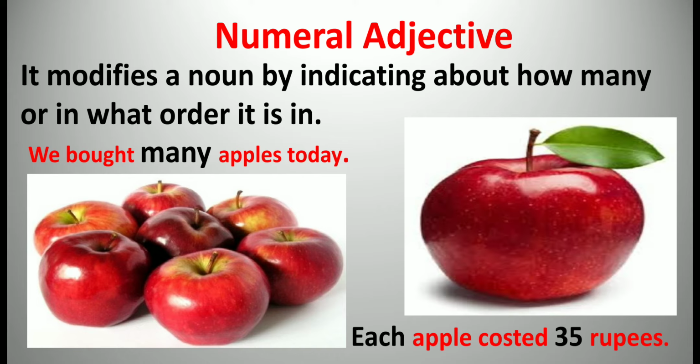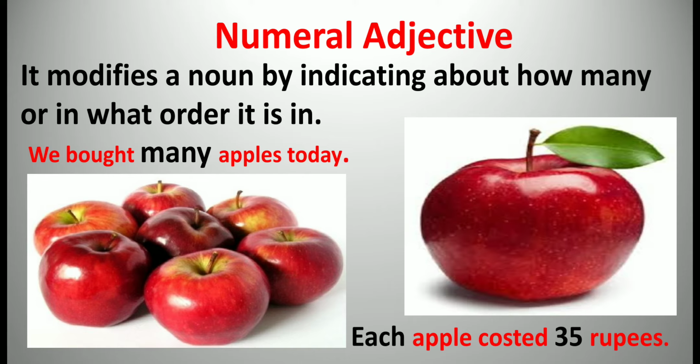Numeral adjective is the next kind. A numeral adjective answers the question how many or in what order. It modifies a noun by indicating about how many or in what order it is in. For example, we bought many apples today.